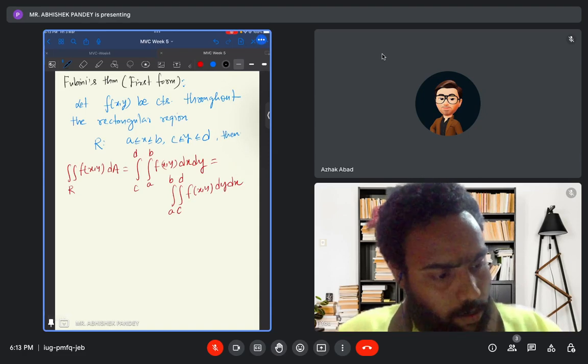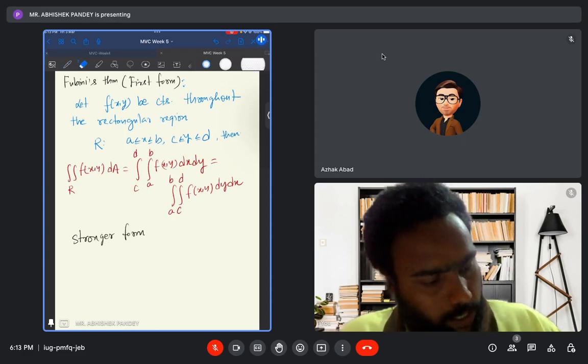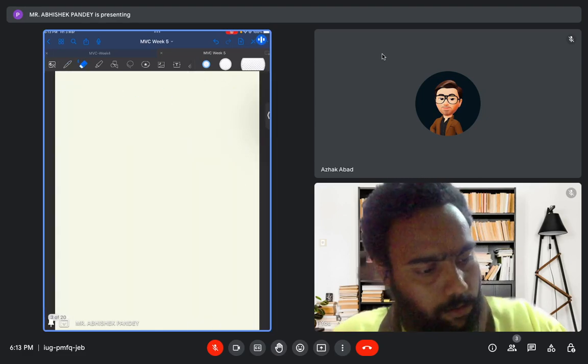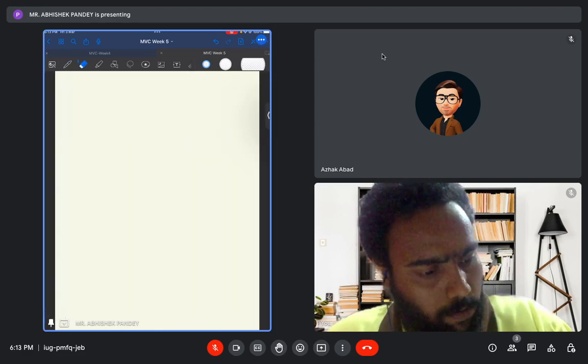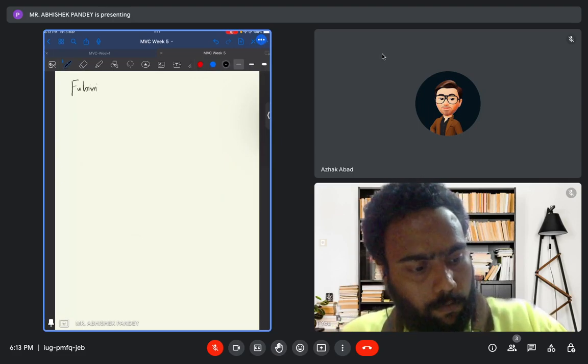Now we will see the stronger form of Fubini's theorem. Let me write it on the next page. Fubini's theorem, stronger form.